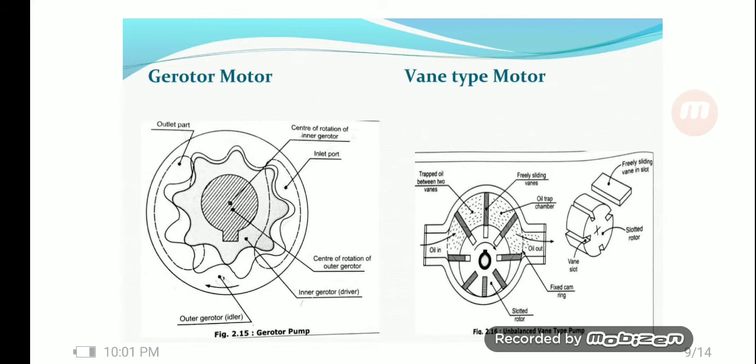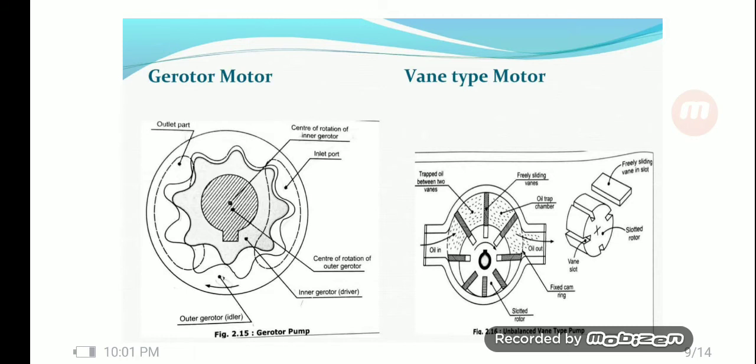Next is the G rotor motor. The G rotor motor has an odd number of G rotors, or we can say globes. The outer casing has one extra globe compared to the inner G rotor.